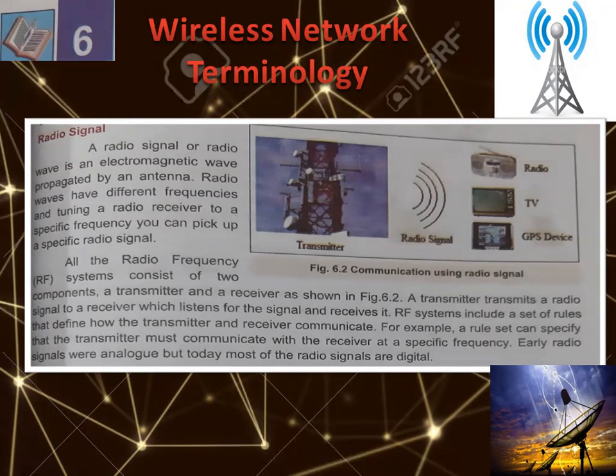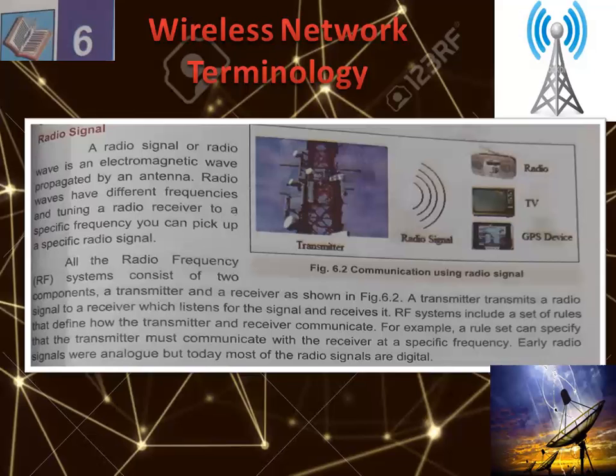All the radio frequency RF systems consist of two components, a transmitter and a receiver. A transmitter transmits a radio signal to a receiver, which listens for the signal and receives it. RF systems include a set of rules that define how the transmitter and receiver communicate.